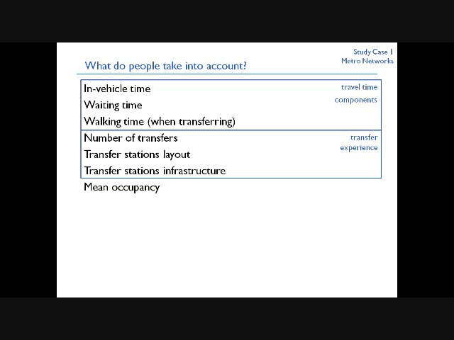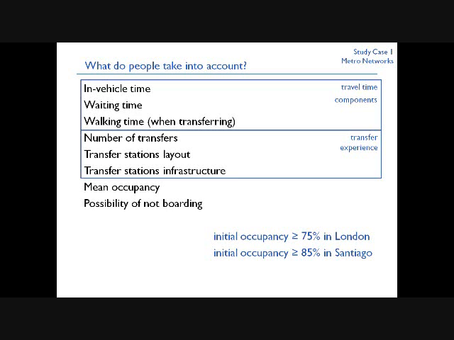We also found out that the mean occupancy as a proxy of comfort is really important. And we found two extreme cases. When the occupancy is high, there's a possibility of not boarding. This happens in London when the occupancy is 75% or higher, and in Santiago 85% or higher.